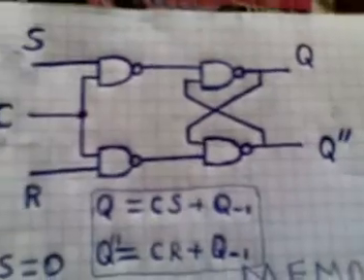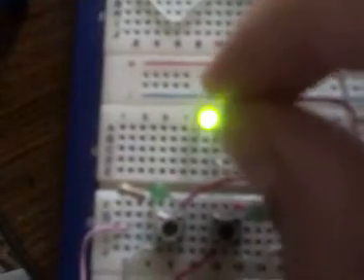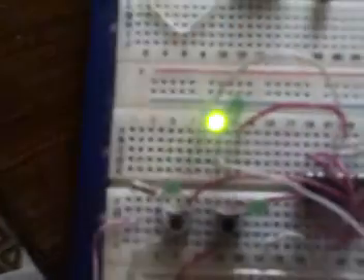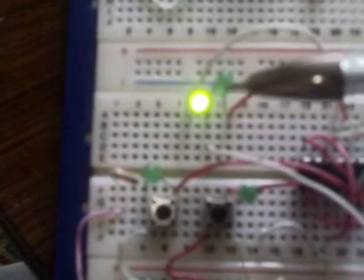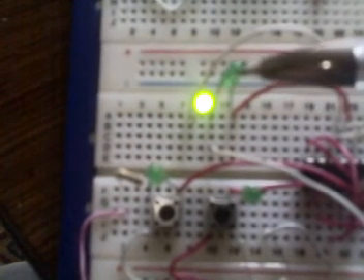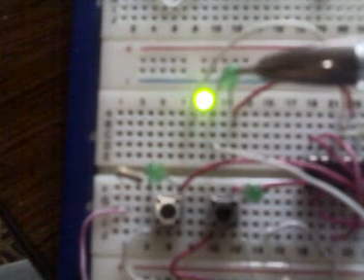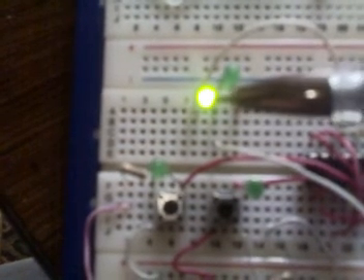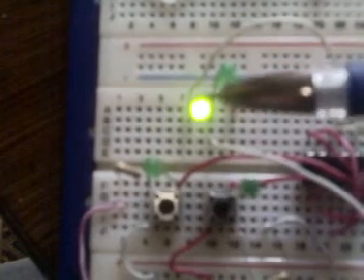Let's see this device in a real scheme. I assembled our real scheme. This is the first LED and this is our second LED. The LED which is lit tells us which is the inverting output and which is the non-inverting output.